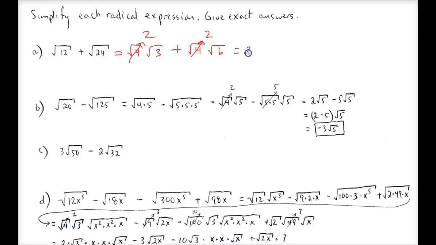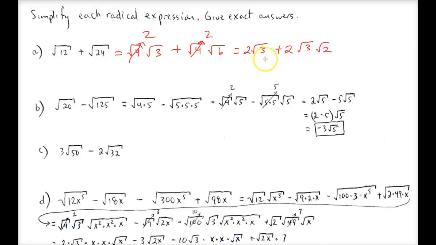And so this would just be 2 times square root of 3 plus 2 times square root of 6, but square root of 6 could be rewritten as square root of 3 times square root of 2. Okay? So we see we do have like radical expressions in that both of these have square root of 3.